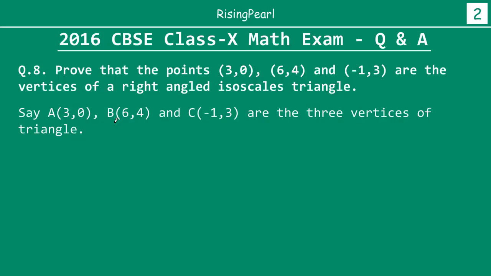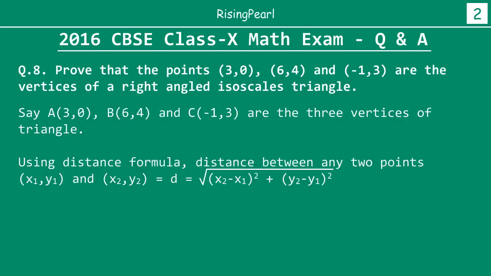Say A, B and C are the three vertices of a triangle. Using the distance formula, we can find the distance between any two points. In general, if we have point (x1, y1) and another point (x2, y2), the distance d is the square root of (x2 minus x1) squared plus (y2 minus y1) squared.